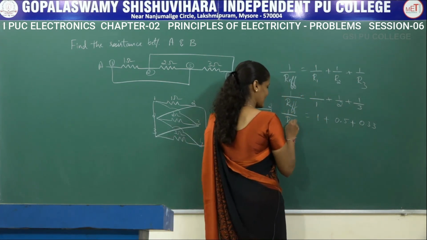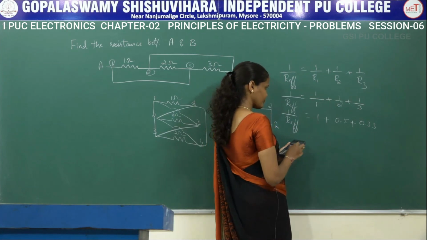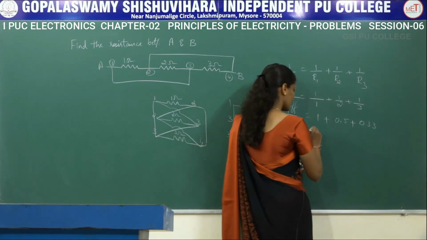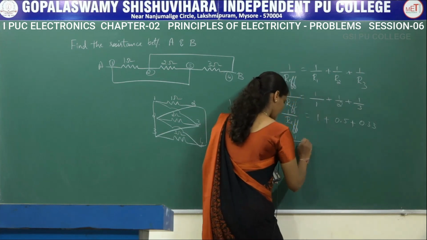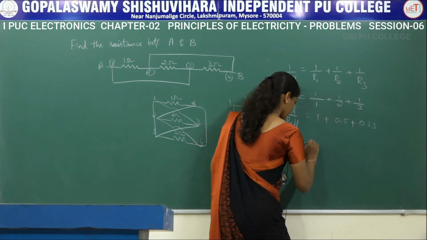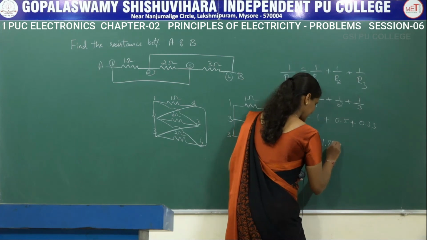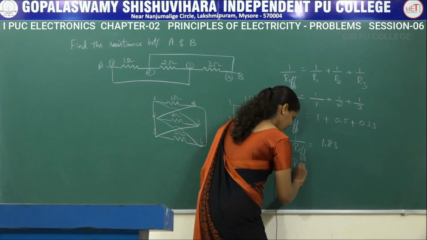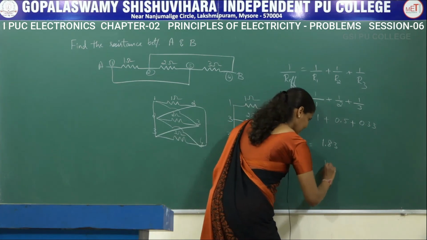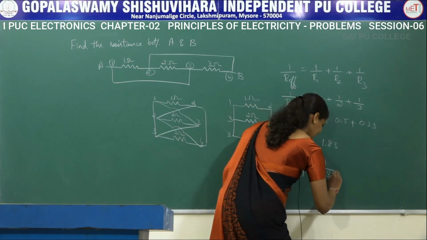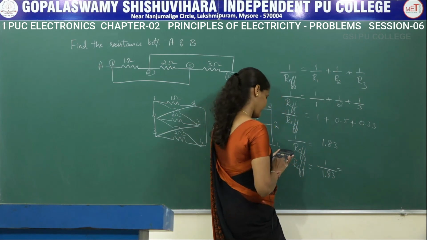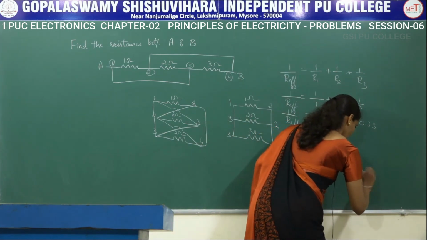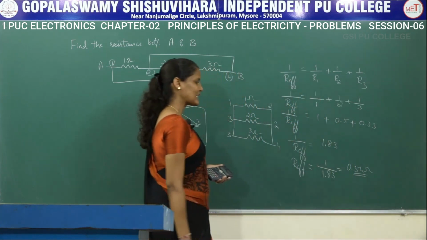Now 1 plus 0.5 plus 0.33 gives me 1 by R effective is equal to 1.83. But I want R effective. So R effective equals 1 by 1.83, which gives me 0.54 ohms. So this is the final answer.